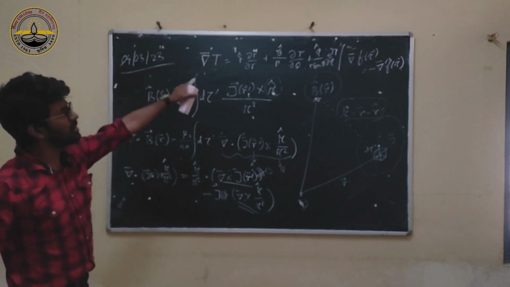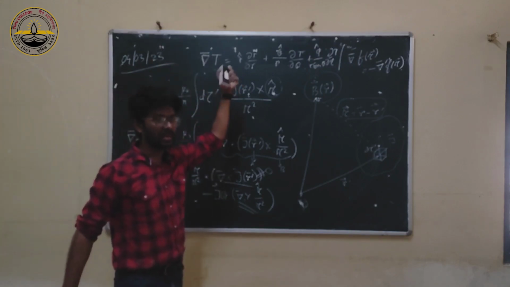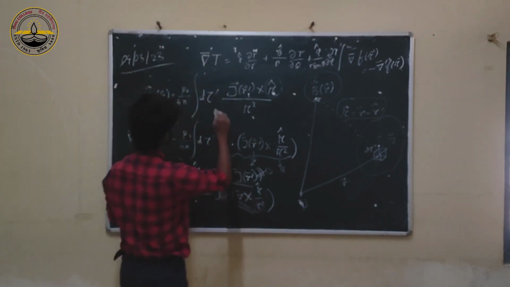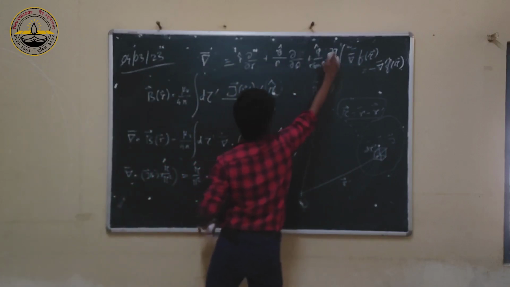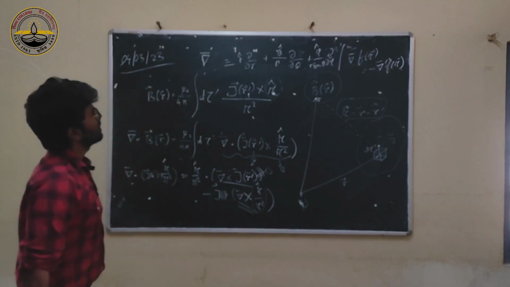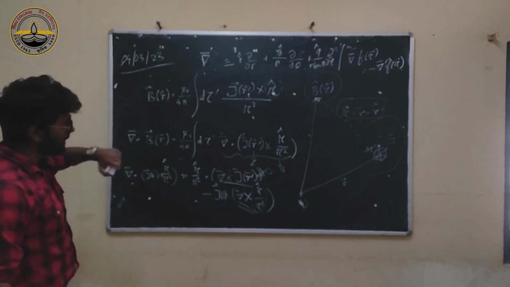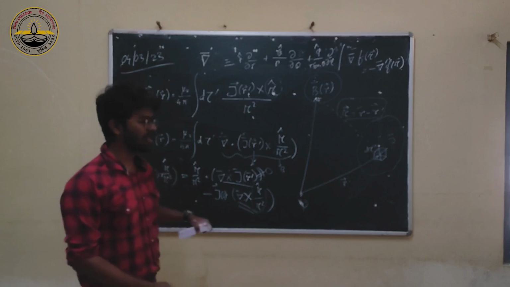This is the gradient in spherical polar. This is just the gradient operator. So let me write it like this.